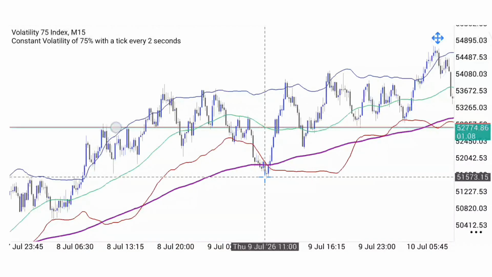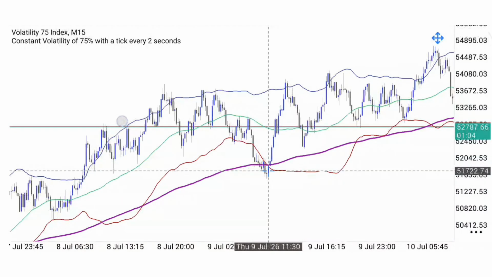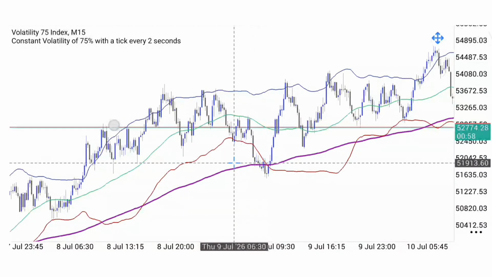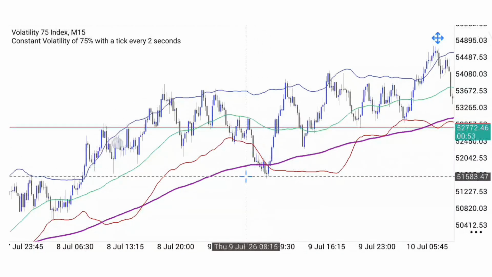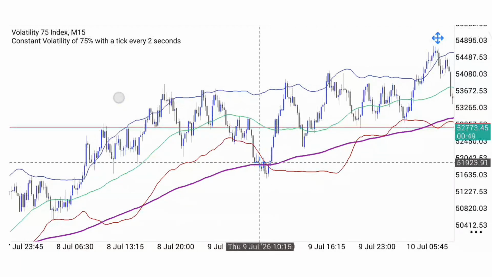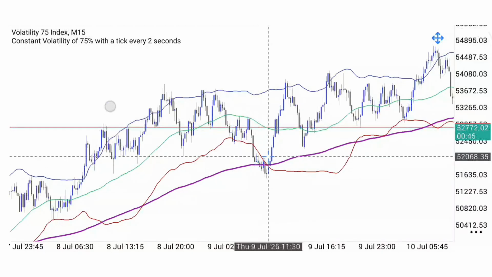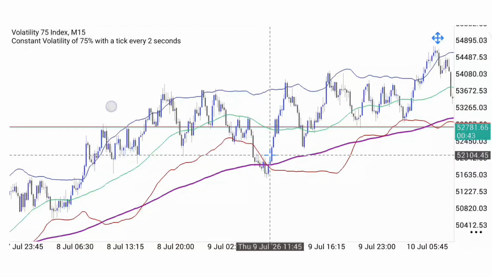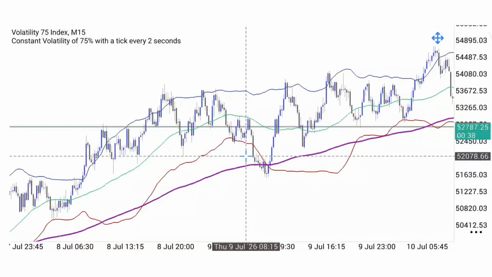It makes it even stronger than it would be if it was only on the red Bollinger Band. So when you see an engulfing candle here on the moving average line and also on the red moving average, it is a very good sign for you to enter the trade. I told you before, it must not always happen like this, but when it does, it makes the signal even stronger.